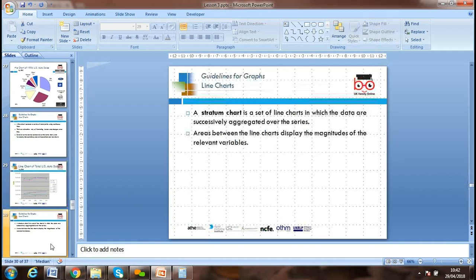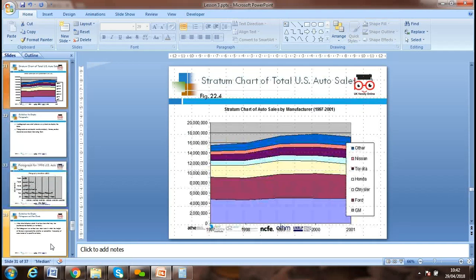Okay, next we have this sort of chart. So it's like a color. It's sort of a line graph as well, but shaded. What do you think? Which one is more appealing and easy to use?